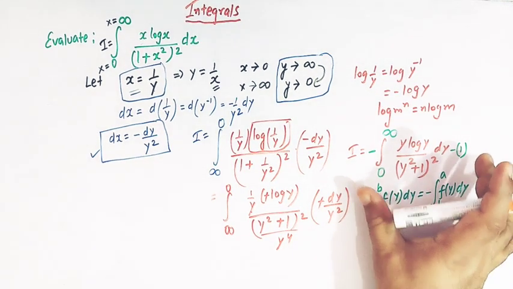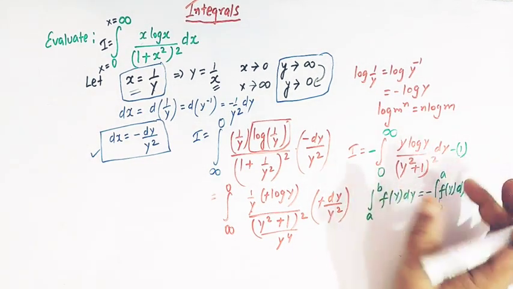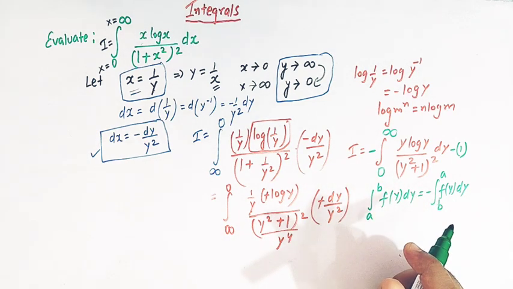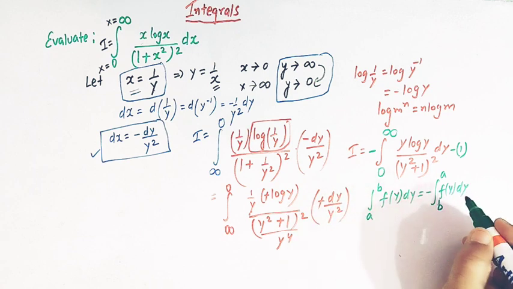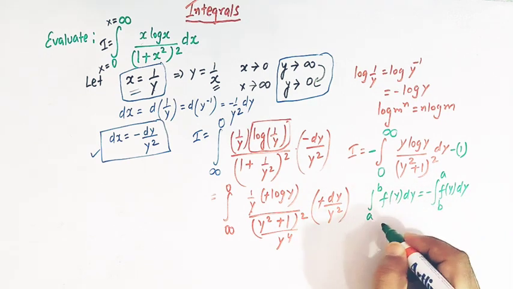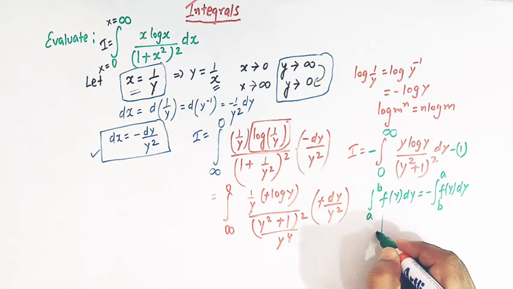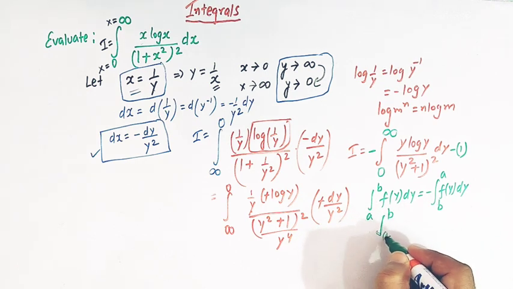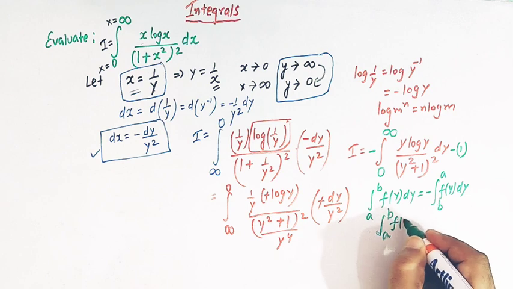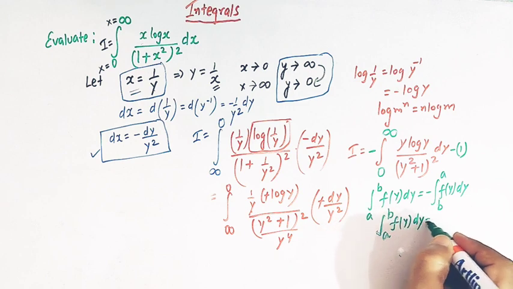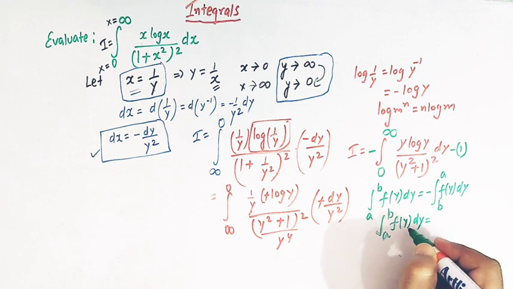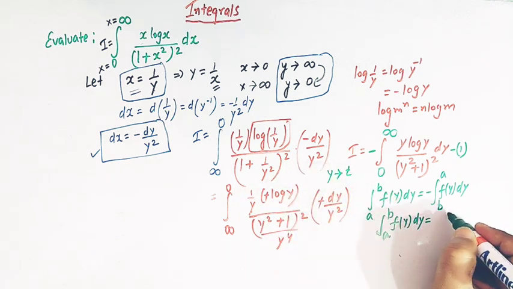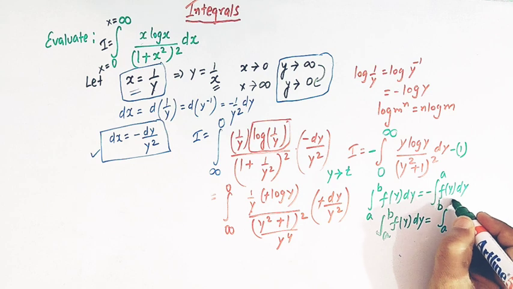So now in integral number 1, let us apply one more property of definite integral, right? And that property is known as the dummy variable property, which says that if we have an integral, say a to b, and we have f of y dy, then if we change the variable from y to say t, the integral remains the same, right?